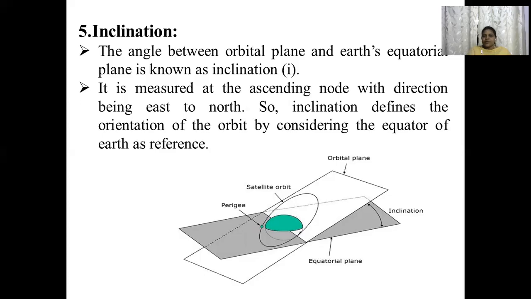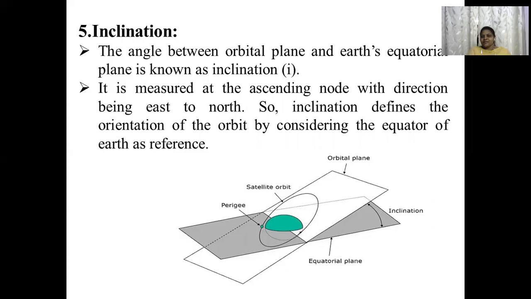Now, what is meant by inclination here? Here you can see that between the equatorial plane and the orbital plane, there is some angle which is represented by inclination. So the angle between the orbital plane and the Earth's equatorial plane is known as inclination, and it is represented with a small i. It is measured at the ascending node with the direction being east to north.